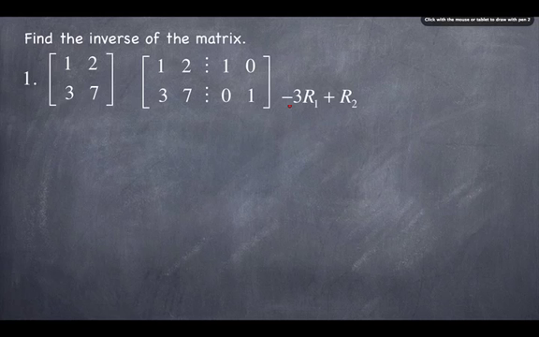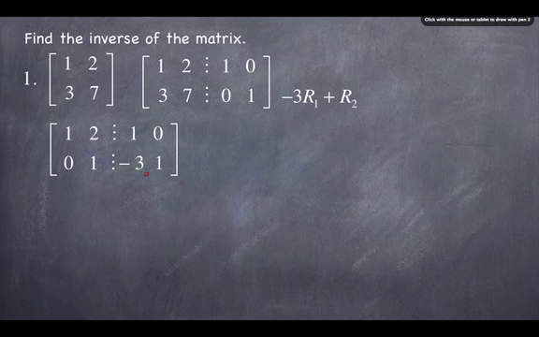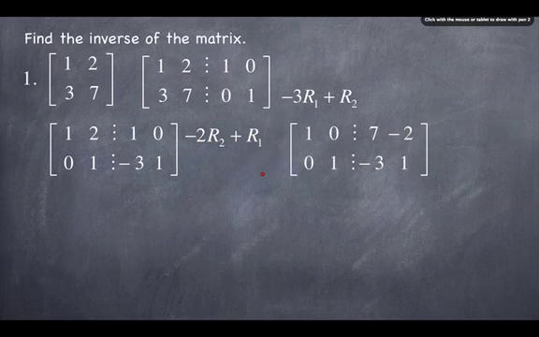So I'm going to multiply -3 times row 1 and add it to row 2. When I do that, this will go away. And notice then something begins to happen with the identity matrix. My next step is to get rid of this 2. So I multiply row 2 times -2 and add it to row 1. And this is what I get.